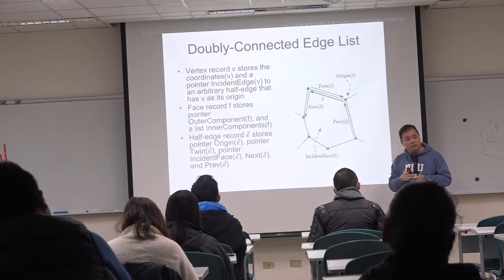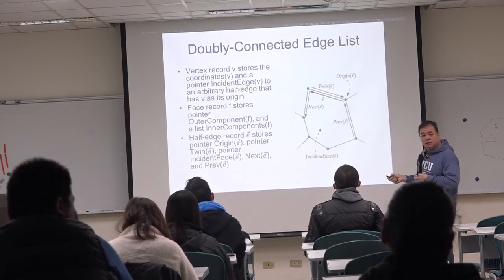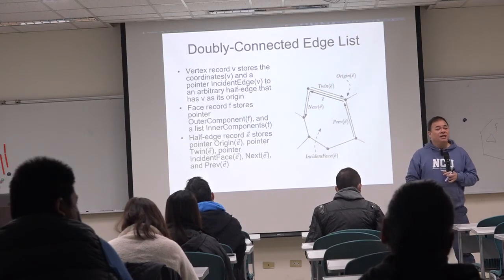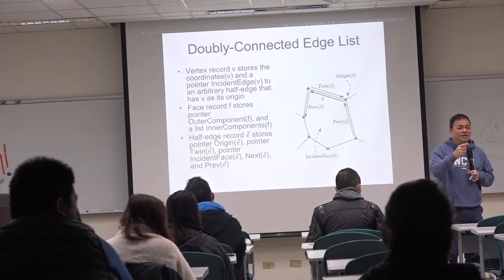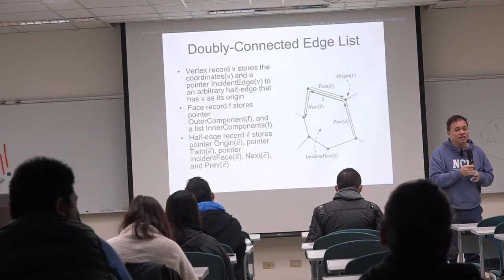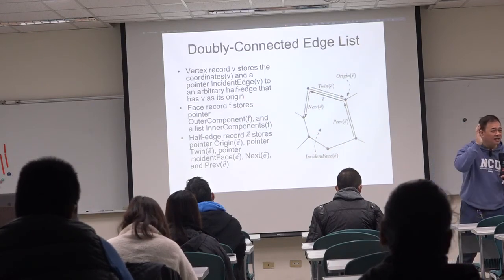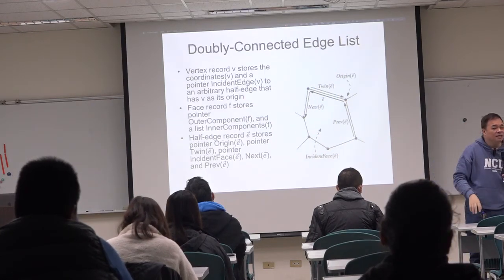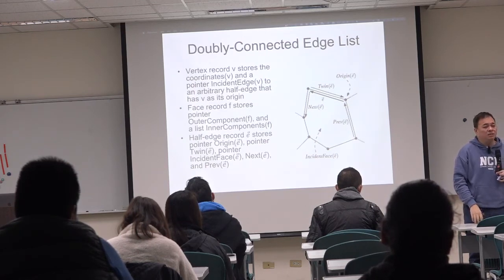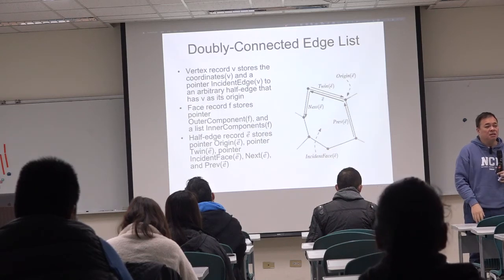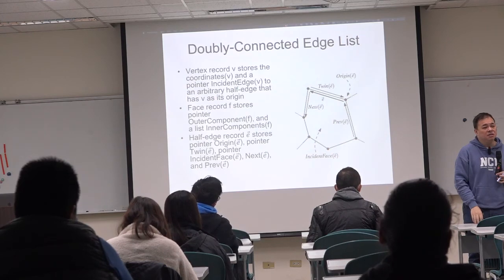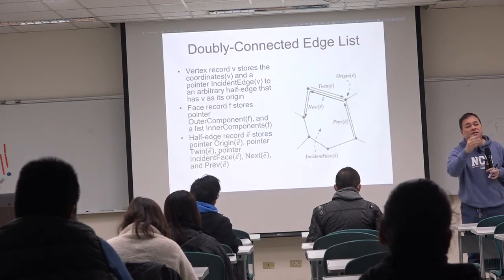Okay. So any question here? Yes. Is it necessary to use the twin edge? You don't have to. There are others. For example, you can use previous. But it will be similar. Yes.